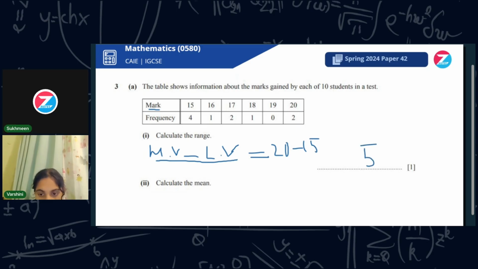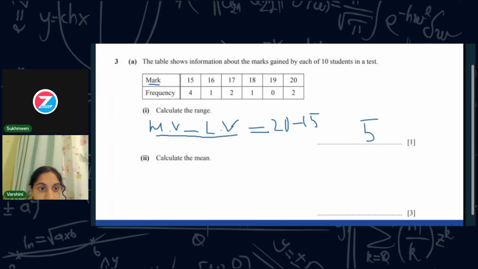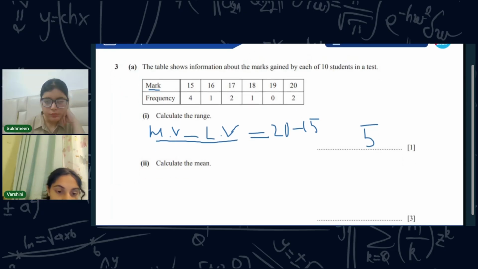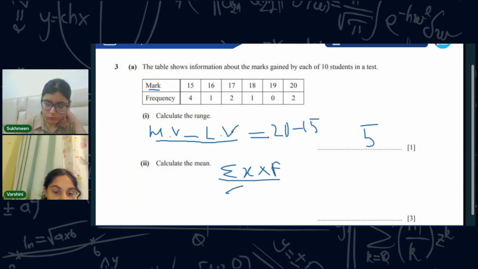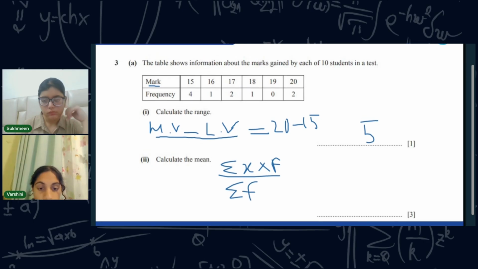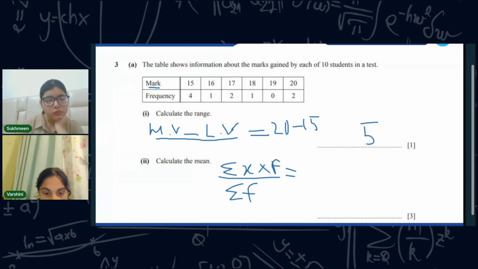Now they want the mean. The mean is the sum of the x value, which is the mark, multiplied by the frequency, how many times it's come, divided by the sum of all the frequencies. Let's write it out manually.